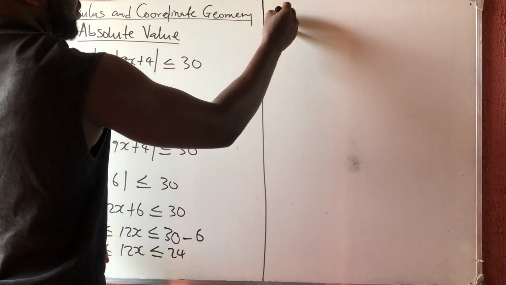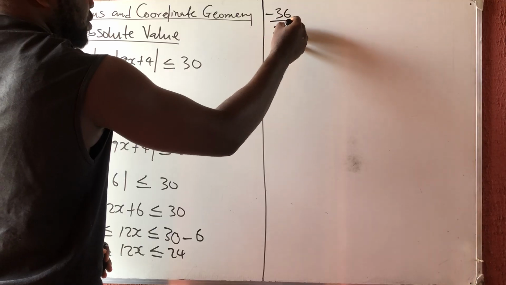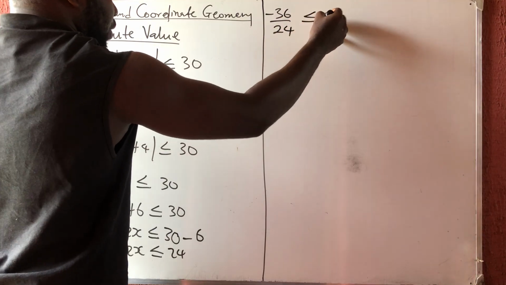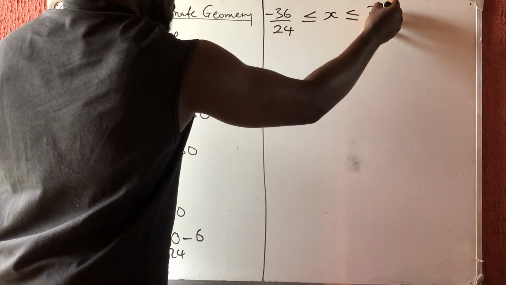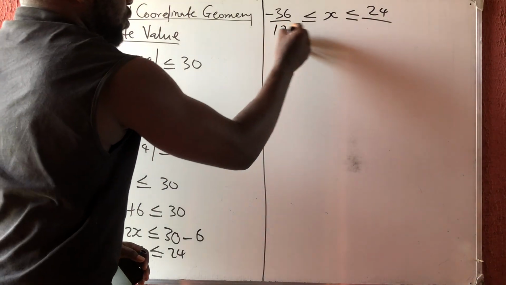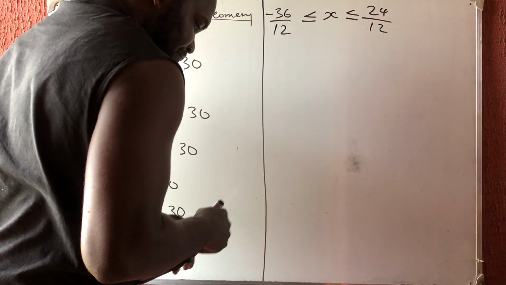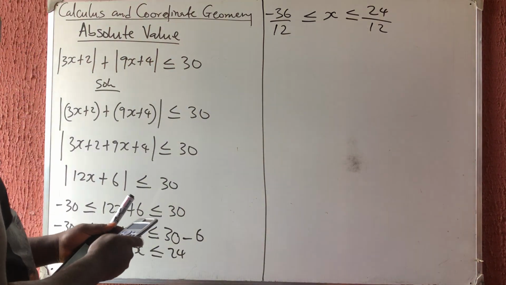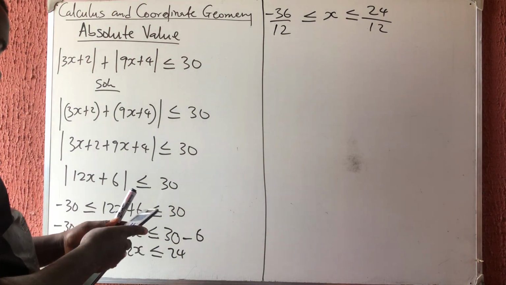So I'm going to have minus 36 divided by 12 is less than or equal to x, which is less than or equal to 24 divided by 12. So 36 by 12 is 3.